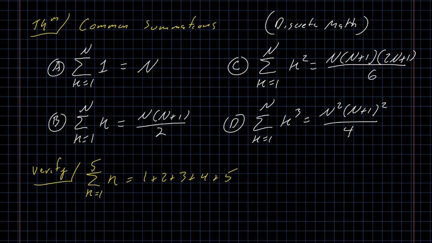Right? 1 plus 2 is 3, 3 plus 3 is 6, 6 plus 4 is 10, 10 plus 5 is 15. Or, using the summation rule, this is going to be 5 times 5 plus 1 all over 2. 5 plus 1 is 6, 5 times 6 is 30, 30 divided by 2 is 15. So it's not a proof, but it is a way of verifying that you get the same thing either way.